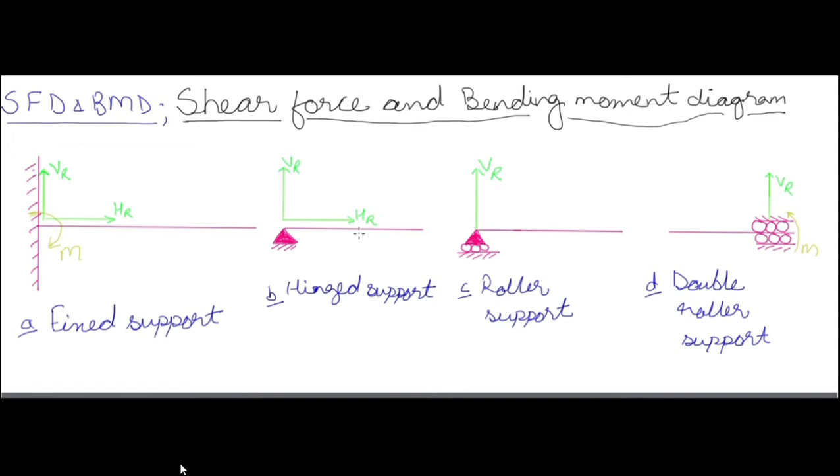Second one is hinge support. In hinge support, the beam can rotate about that hinge. So the beam can move from one point in a circular way. About the hinge support, it can rotate, hence it will not have any resistance to moment.